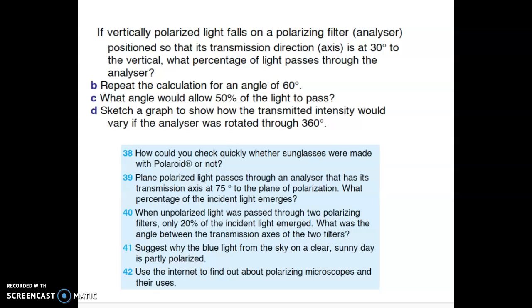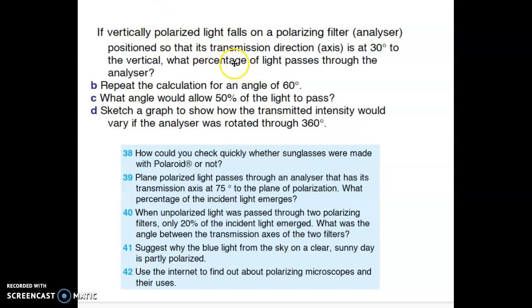So let's have a look at this first question. If vertically polarized light falls on a polarizing filter, analyzer, so that its transmission direction is at 30 degrees to the vertical, what percentage of light passes through the analyzer? By percentage of light, it's asking, what is I over I naught?